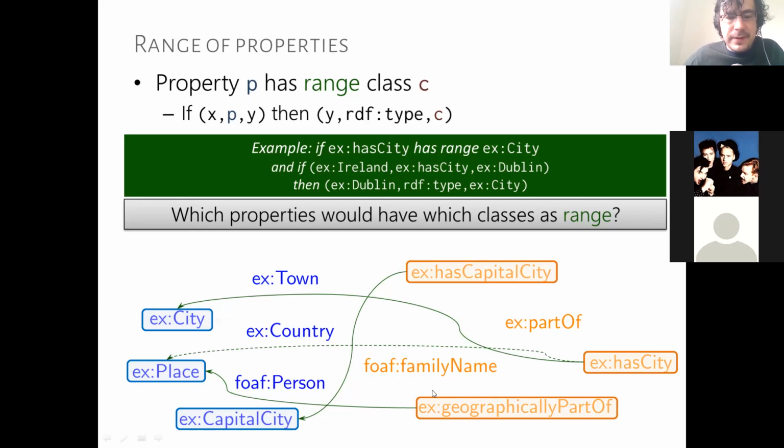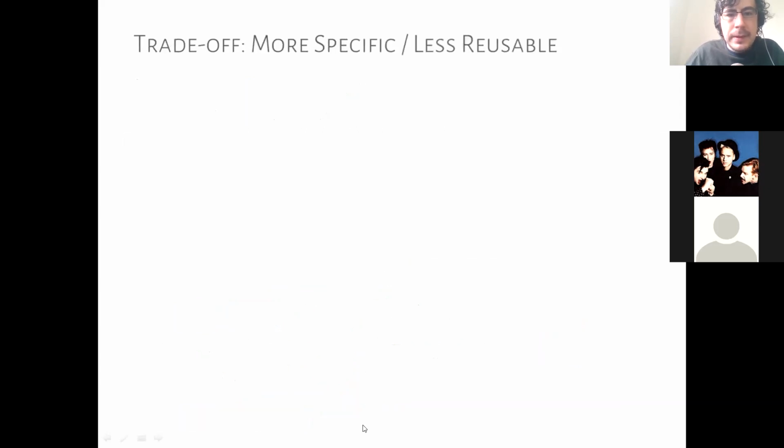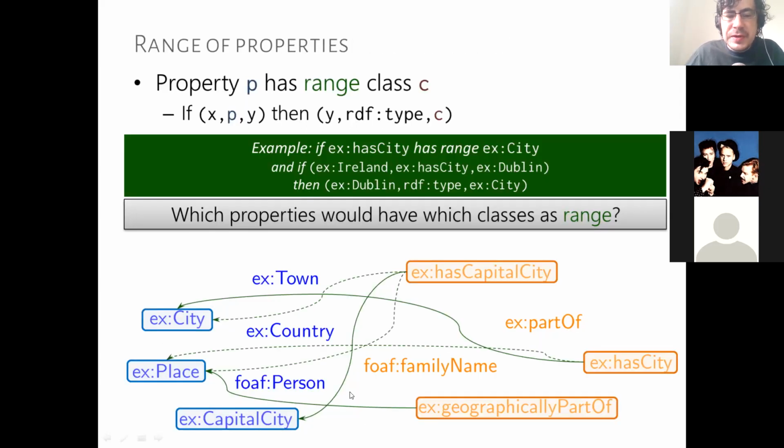And similarly for has capital city here, it's implied that any value for has capital city will not just be a capital city, it will also be a city, and it will be a place as well, right? So we have some implicit ranges here based on these range relations and the fact that some of these are subclasses. Okay. Any questions or doubts?